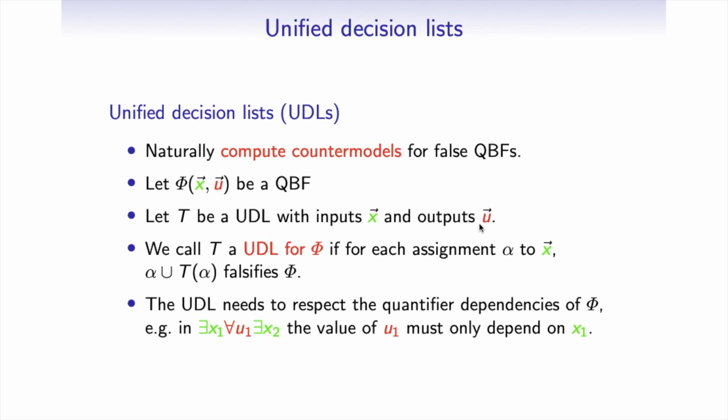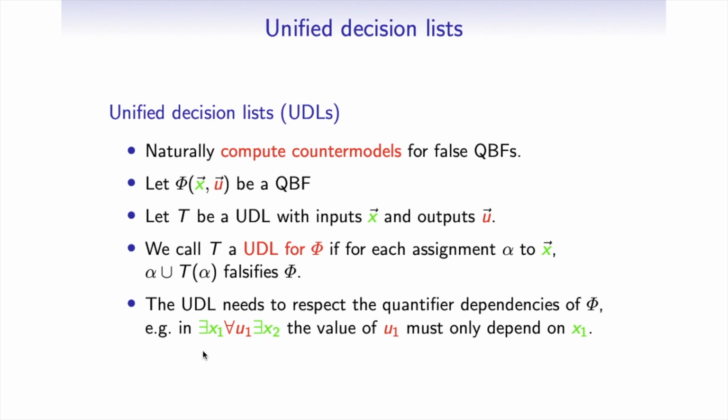We're going to call t a UDL for phi if, for each assignment alpha to the inputs, taking alpha with its corresponding output from the UDL, that's t of alpha, falsifies the matrix of the QBF. Right? So you take the input, you hit the UDL, this gives you an output, and the input and output together should falsify the matrix of your QBF.